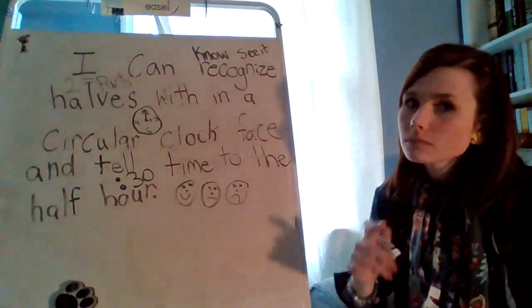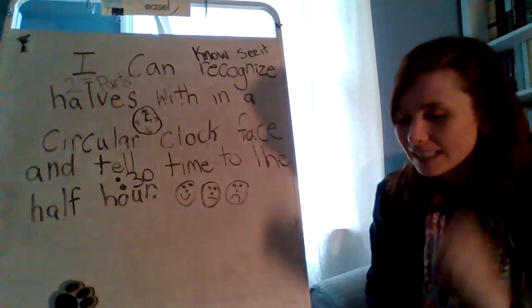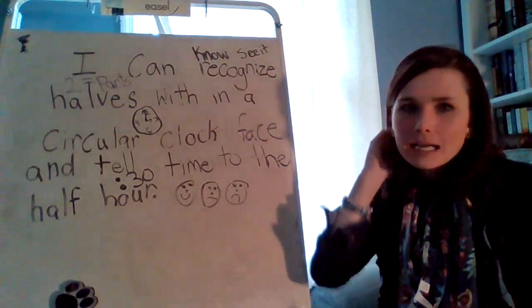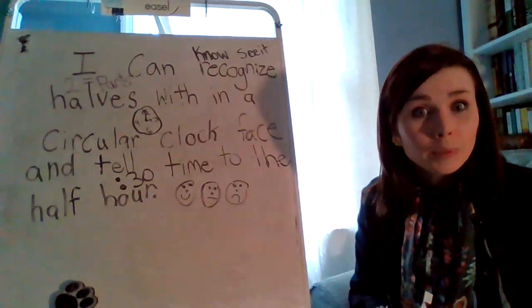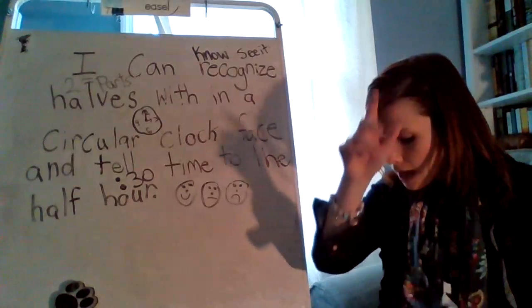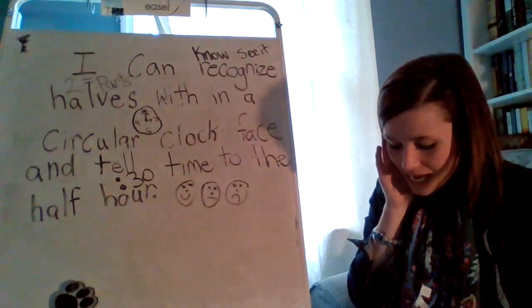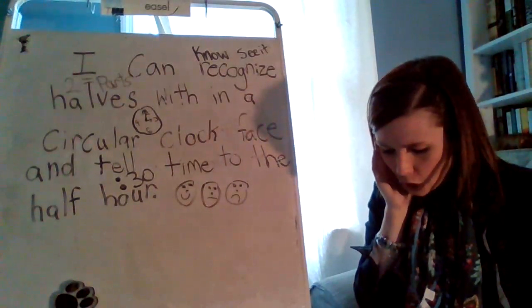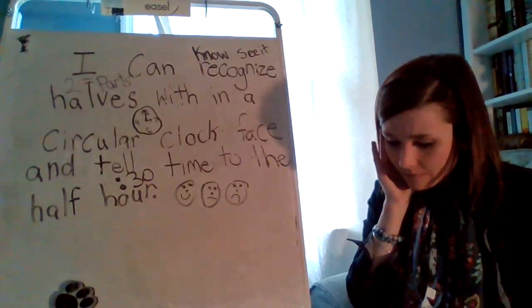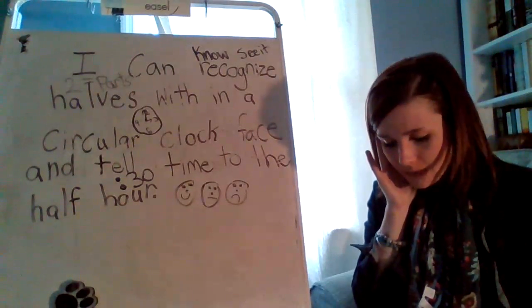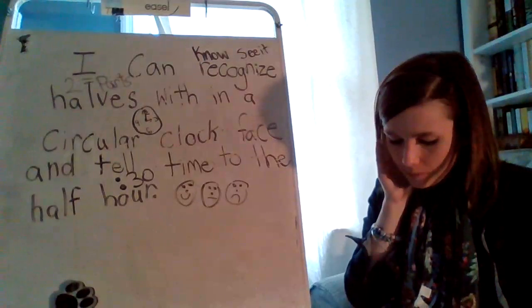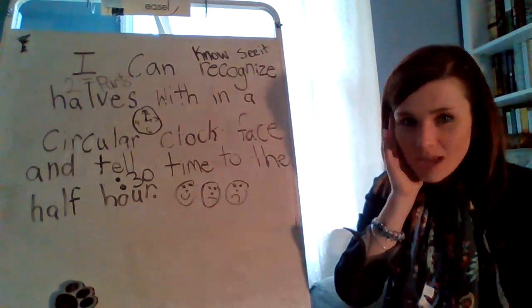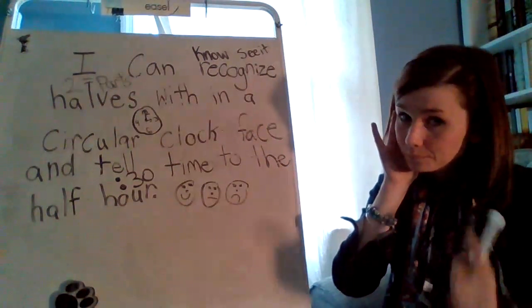Okay. Here we go. Ready? First time, you're just gonna listen. Okay. Ben is a clock collector. He collects clocks. Cool. All right. Ben is a clock collector. He has 8 digital clocks and 5 circular clocks. How many clocks does Ben have all together? All right, I'm going to read it again.